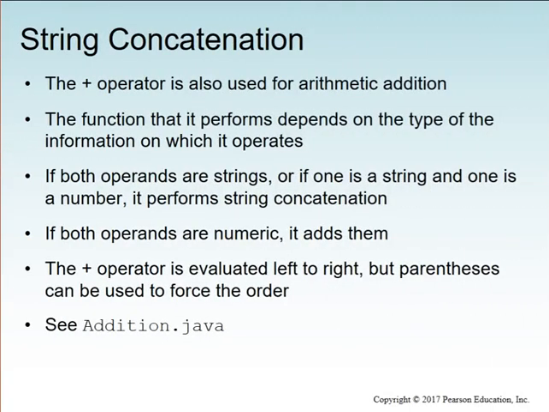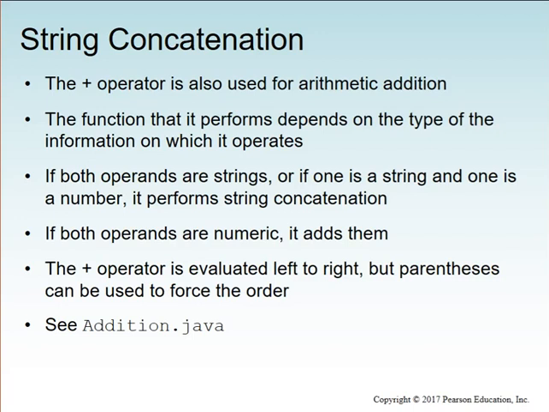Now, the plus operator is twofold. We can use it for arithmetic addition in the traditional sense, and therefore it has two possibilities. It could join two strings together, or it could perform an arithmetic addition. Which one it does depends on the type of information on which it's being used. If both of the pieces of information, or operands, are strings, or if one is a string and one is a number, it performs string concatenation, not an arithmetic calculation.